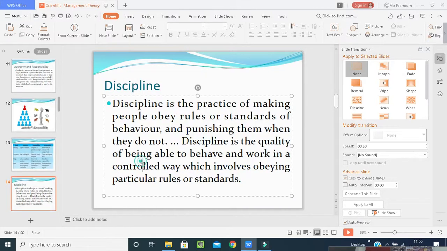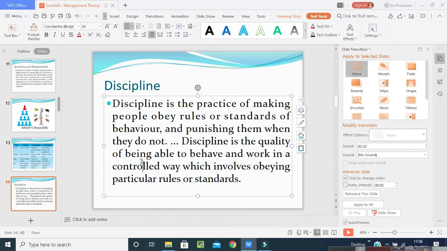Now coming to discipline. Discipline is the practice of making people obey rules or standards of behavior and punishing them when they do not. Discipline is the quality of being able to behave and work in a controllable way, which involves obeying particular rules and standards. One important thing I want to tell you: punishing does not mean you beat him or kick him.